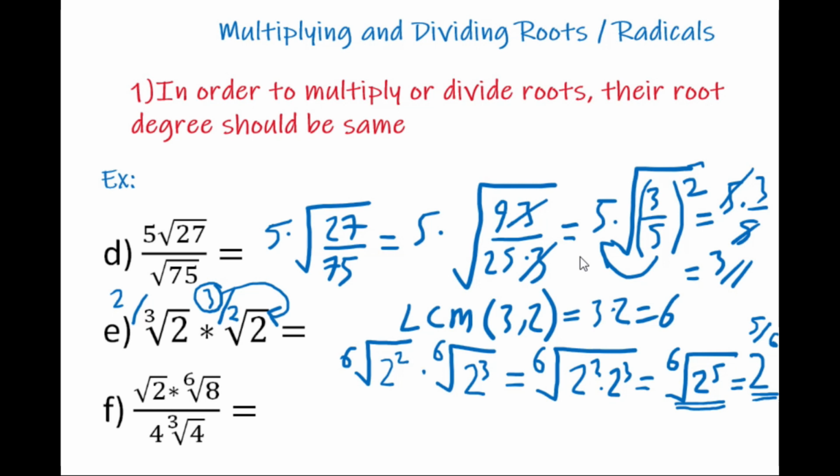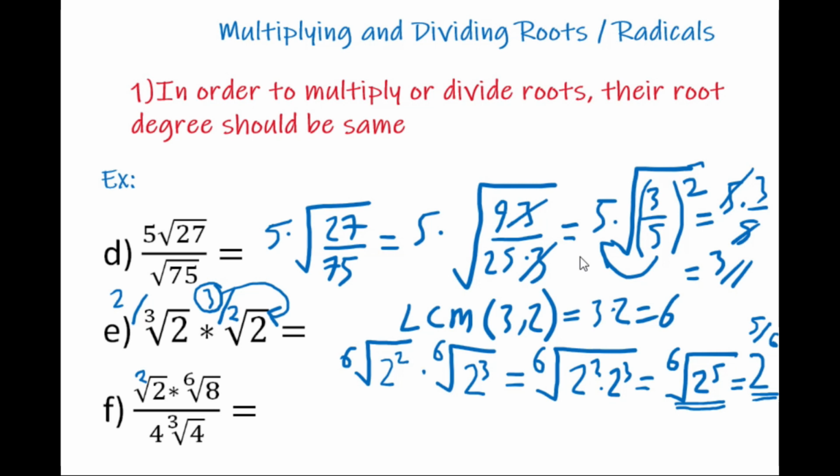Okay, and the next final question is a little bit complicated because in the first one we have 2 as a root degree. In the second term we have 6 as a root degree, and if you look at the denominator part, we have 3 also as a root degree. So you need to find the common multiple of 2, 6, and 3.